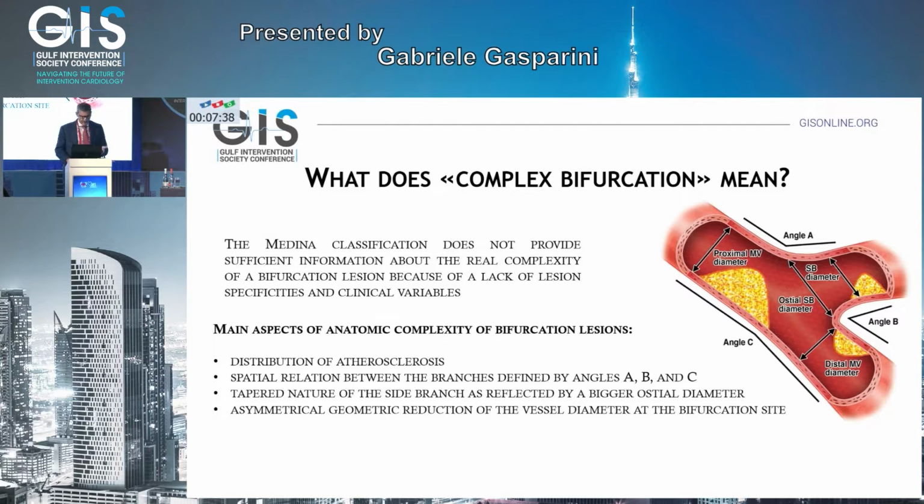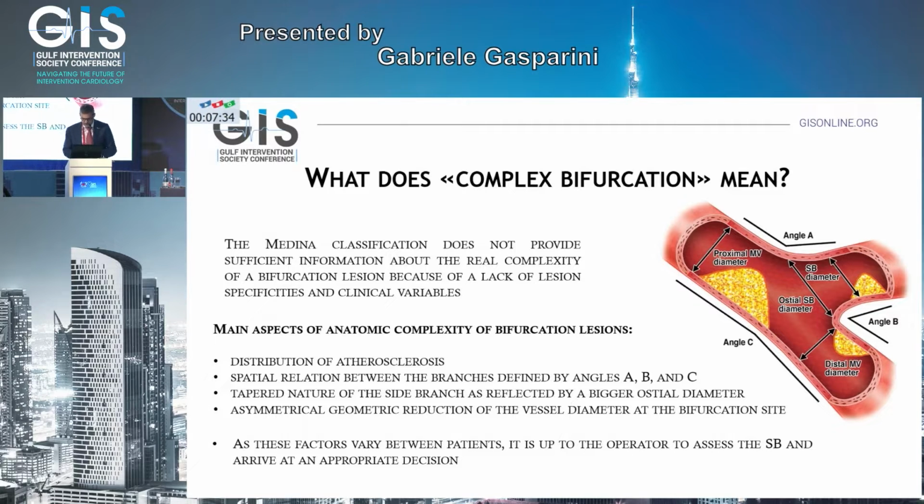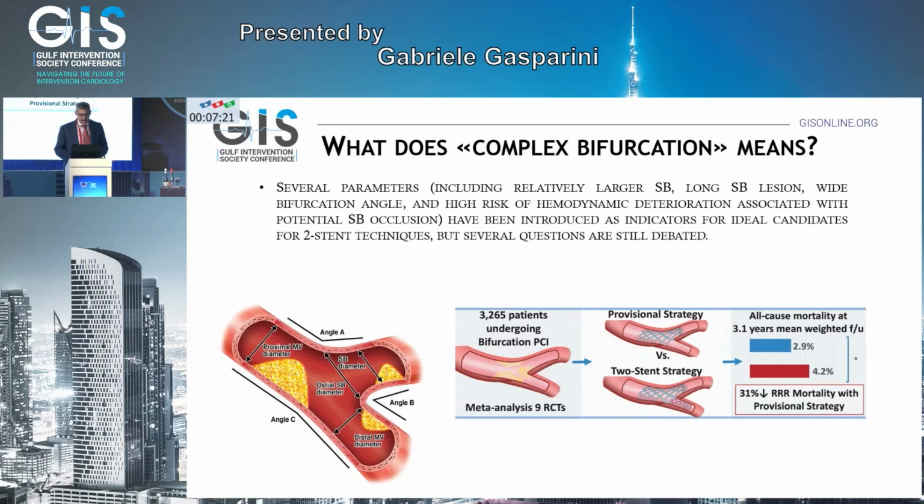And finally, last but not least, asymmetrical geometrical reduction of the vessel at the bifurcation site. As these factors vary between patients, it's up to the operator to assess which side branch needs to be preserved and choose the right decision and the right technique.